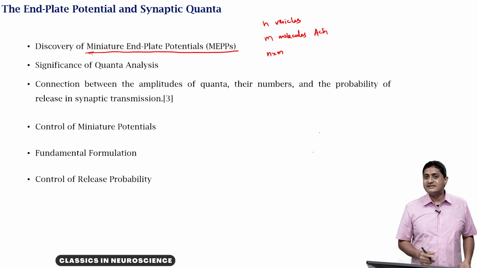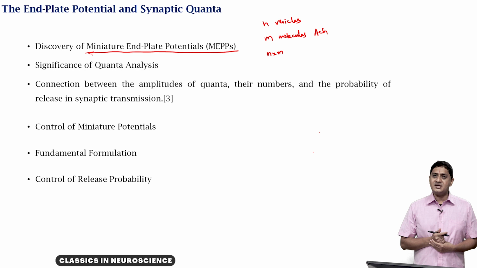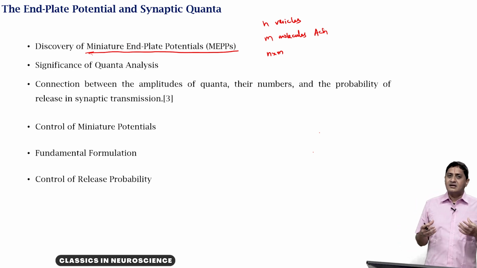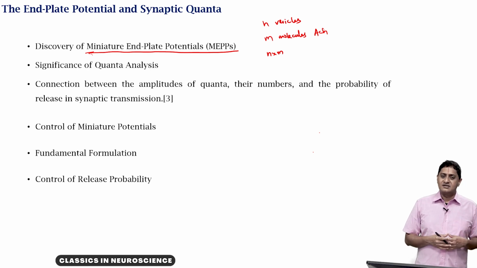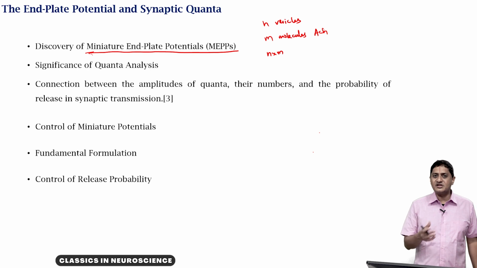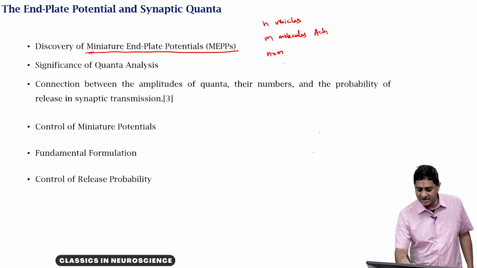Remember, this is always going to be a multiple of m. For example, in a different case or a different muscle, n minus x vesicles might be released, but it will still be a multiple: n minus x times m.